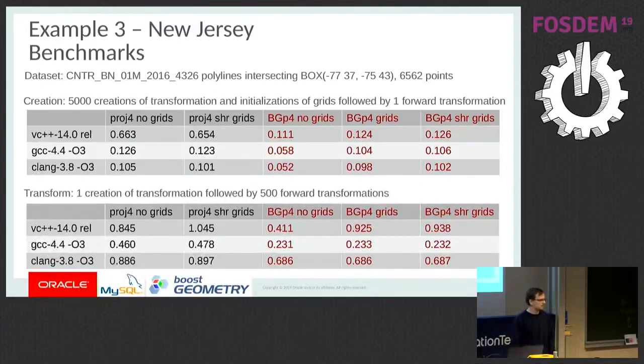In case of shared grids, we are using modern locking mechanisms like unique lock and shared lock, unlike Proj4, which I think uses simple mutexes, as far as I remember. And in case of Boost Geometry, you can explicitly not use grids, which makes it very fast compared to using grids, but you don't get the accuracy.